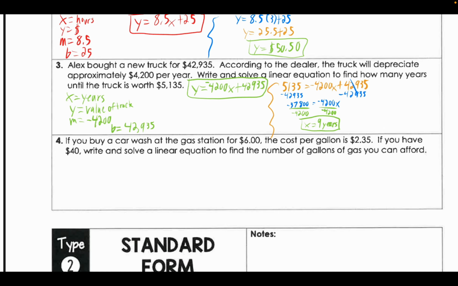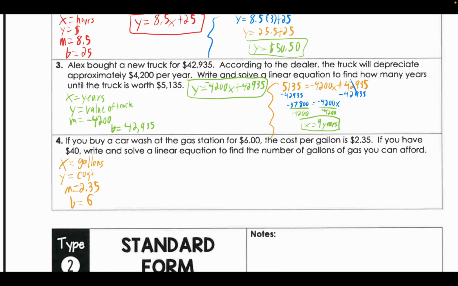So once again, we're going to really use our first sentence in order to make our original equation, where x is the number of gallons that you're purchasing, and y is the cost or the money. And our slope or rate of change is how much you pay per gallon, so 2.35, whereas the b, or the y-intercept, is going to be 6, because that's the car wash at the gas station.